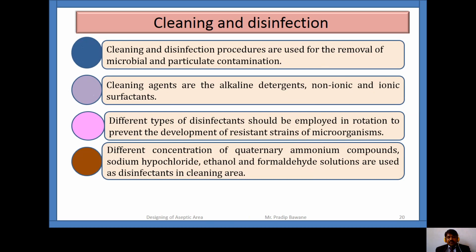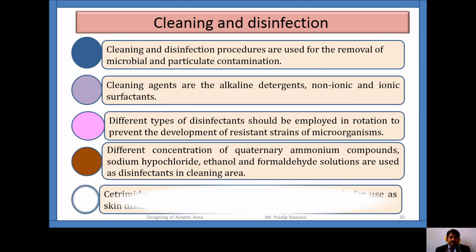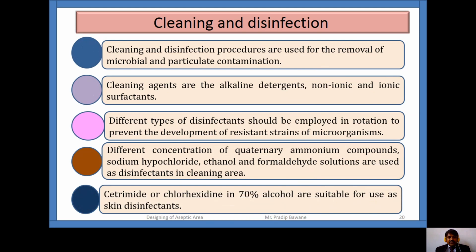Then different concentrations of quaternary ammonium compound, sodium hypochlorite, ethanol, and formaldehyde solution are certain examples of disinfectants which can be used in the cleaning area. Then we can also go for cetrimide or chlorhexidine in 70% alcohol, which are generally considered suitable for use as a skin disinfectant.